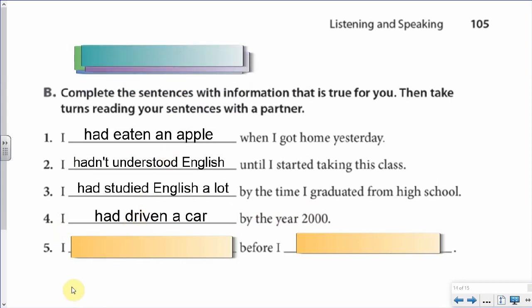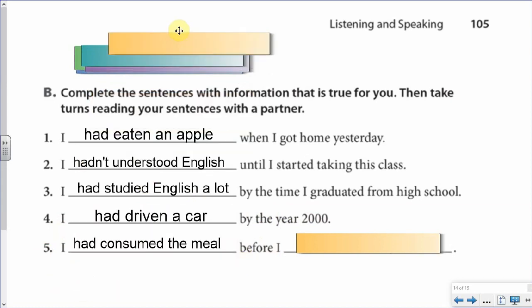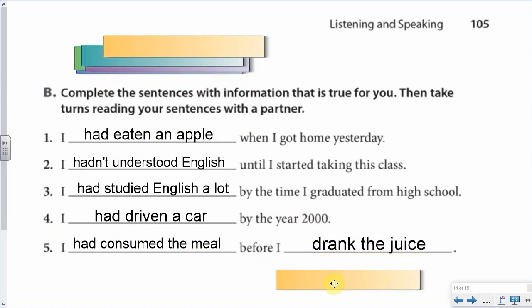And finally, number 5, we have to put 2 parts here, using before as the time marker. I've put, I had consumed the meal before I drank the juice. Okay, so these are 5 examples. So fill that information in from your perspective.